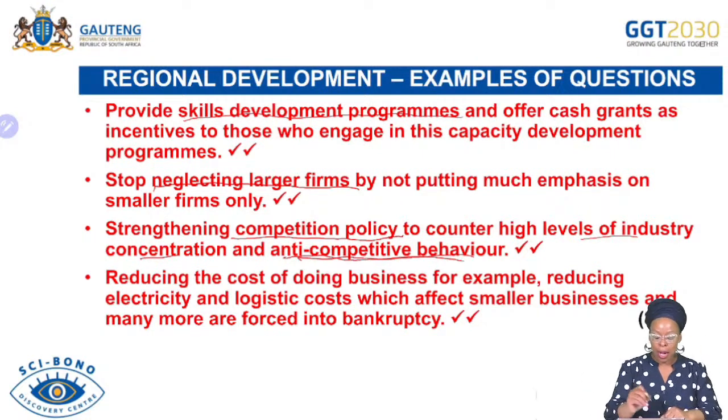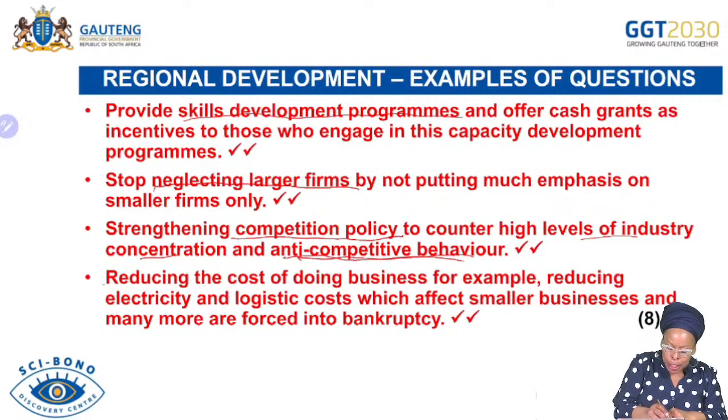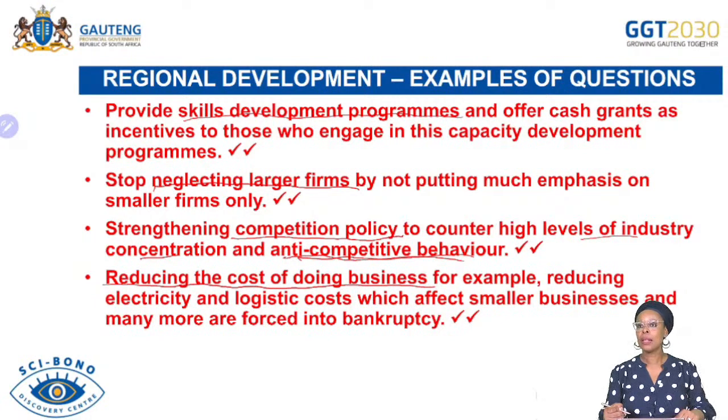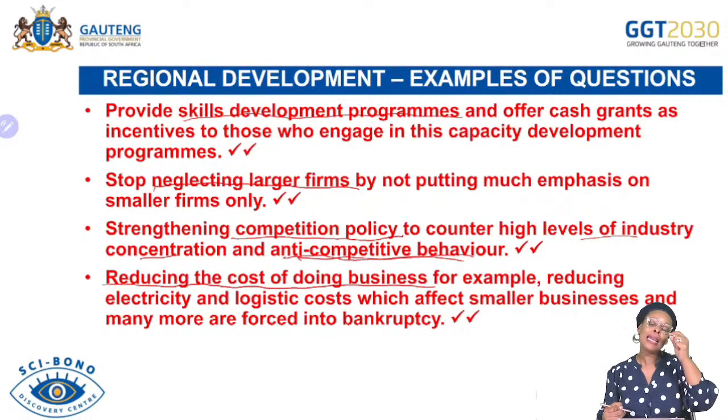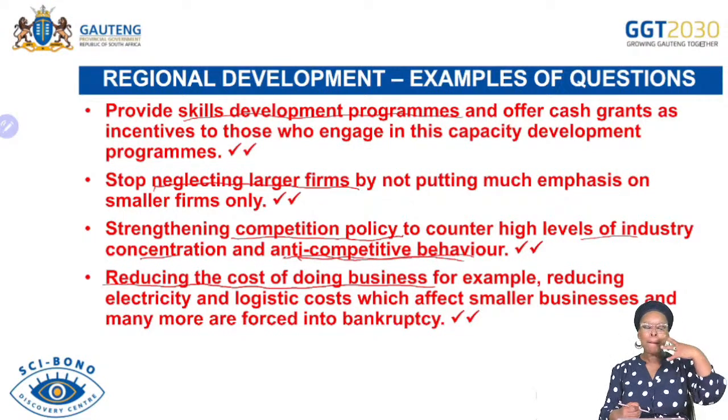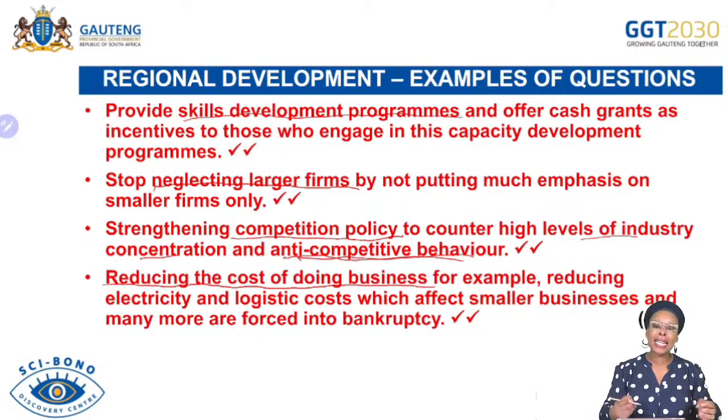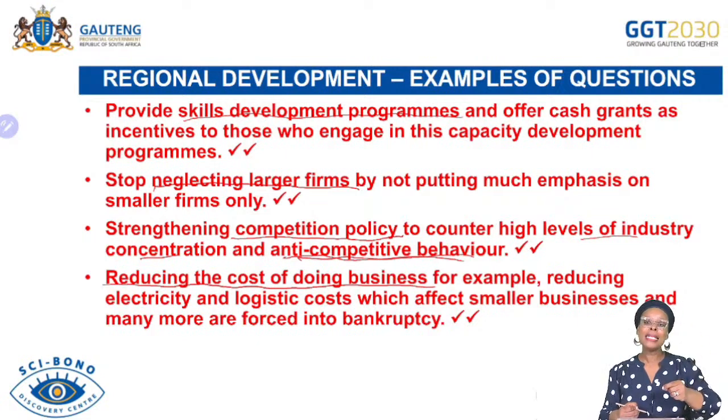You can also advise the government to reduce the cost of doing business. Electricity prices are high, and the government can influence the price of electricity. The petrol and diesel prices are very expensive, and the government has a say in increasing or reducing those prices.